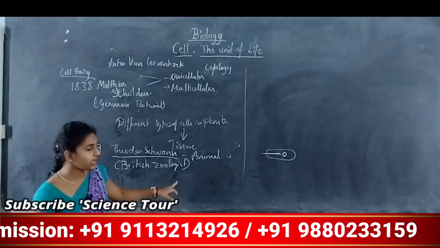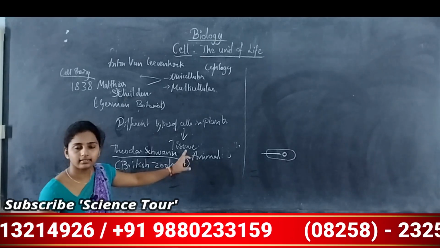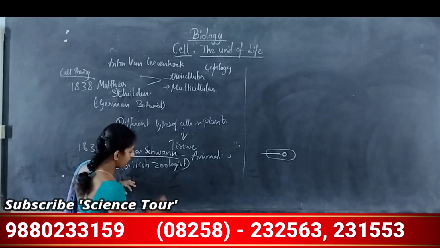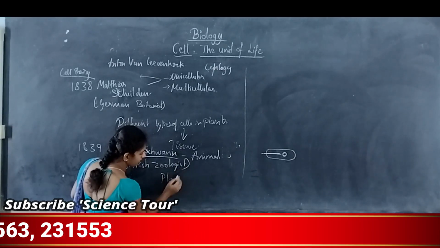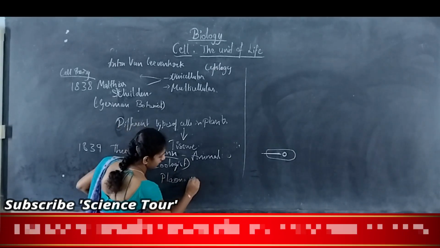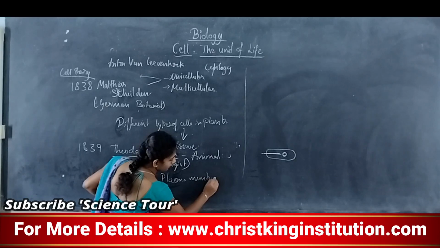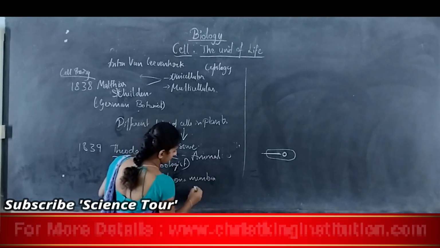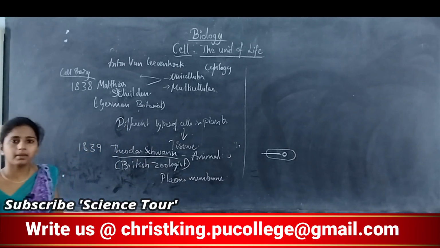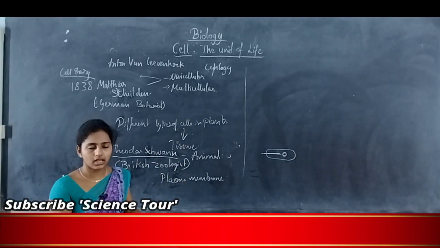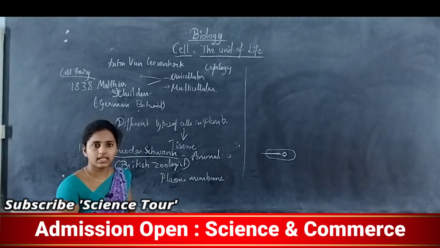Okay, that's why, on a later date, that membrane is called as plasma membrane. So later that delimiting membrane or the thin membrane around the animal cell is called as plasma membrane.